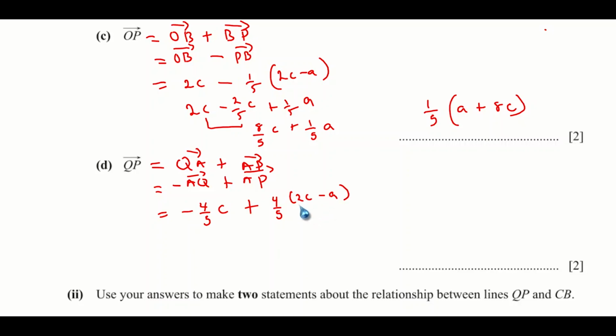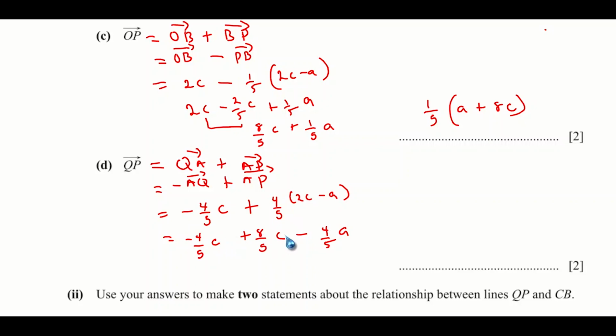So we can actually expand this. If you expand this, you're going to get minus 4 over 5C. Then let's expand this bracket, plus 8 over 5C, then minus 4 over 5A. So they all have the same denominator, so you can combine them together.